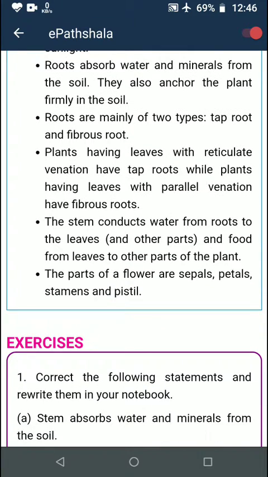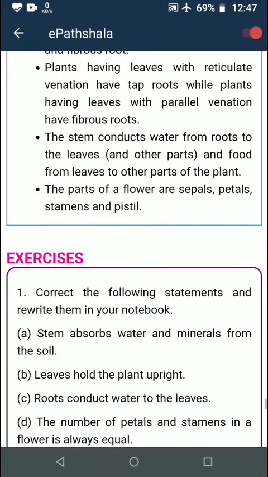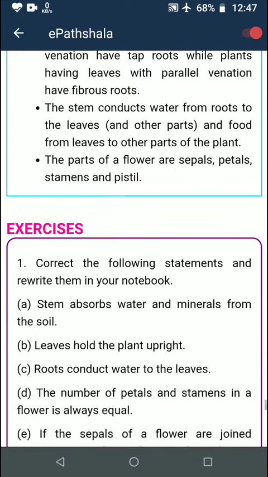Roots absorb water and minerals from the soil. They also anchor the plant firmly in the soil. Roots are mainly of two types: taproot and fibrous roots. Plants having leaves with reticulate venation have taproots, while plants having leaves with parallel venation have fibrous roots.